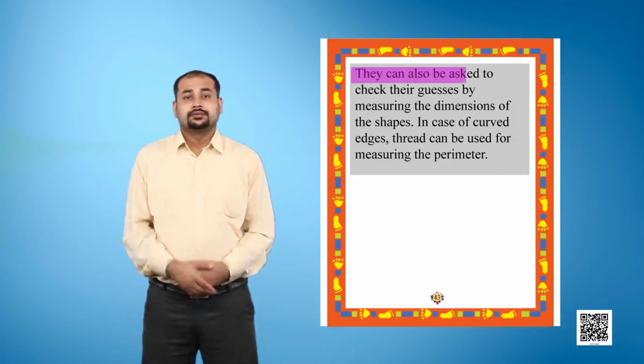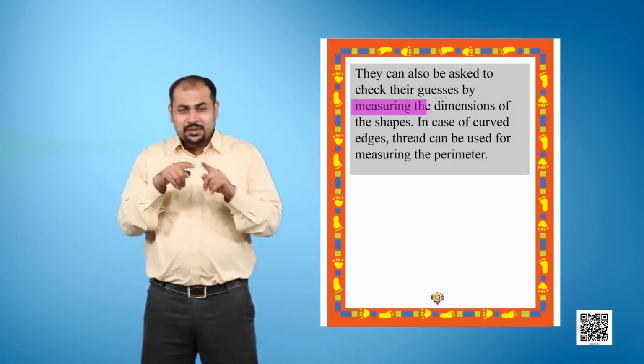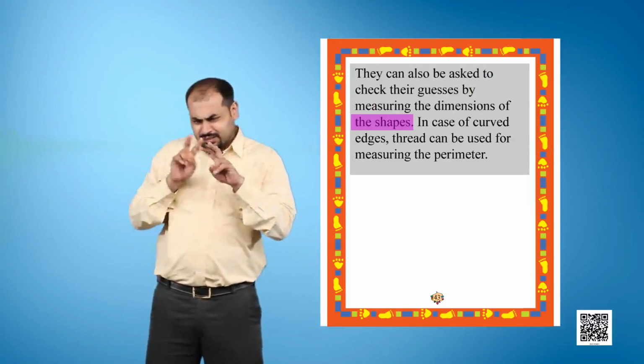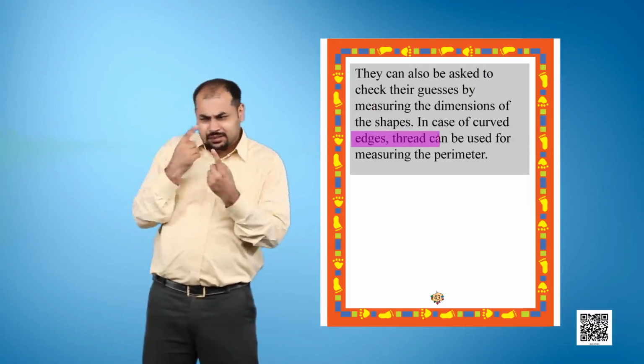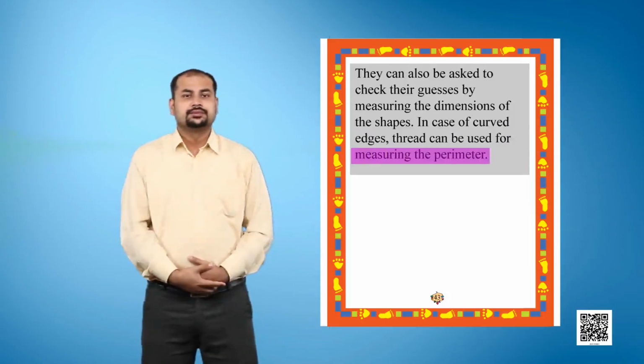They can also be asked to check their guesses by measuring the dimensions of the shapes. In case of curved edges, thread can be used for measuring the perimeter.